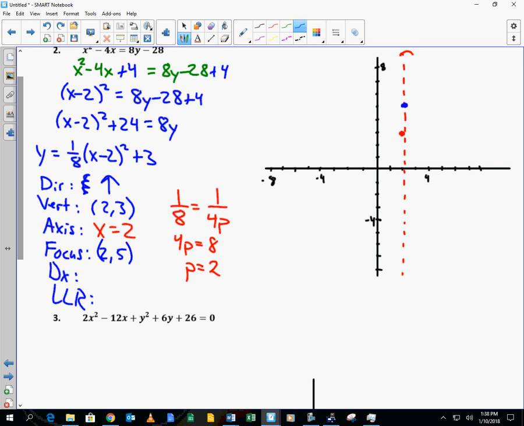Then I move down 2, and is that a point or a line? What's it called? The directrix. It has an equation of y equals 1. How do I determine the length of the latus rectum? Absolute value of 4p, which is 8. What do I do with that? 4 in each direction. Thank you, Jackson.